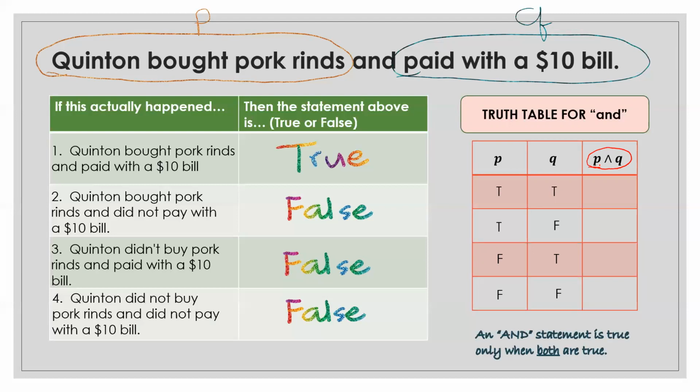Okay, so the and statement is only true when both are true. So the first scenario is true. And then we have false, false in the last scenario where both of them are false. Then the compound statement is definitely false. Okay, that's the truth table for an and statement.